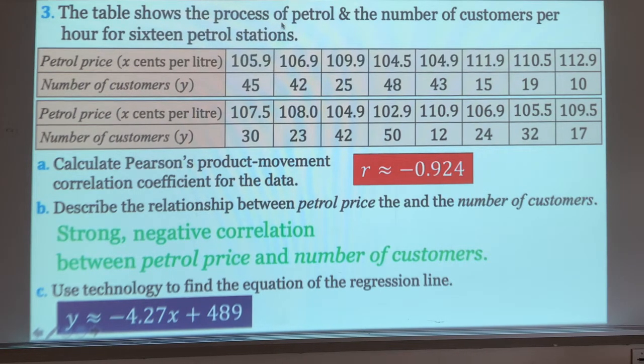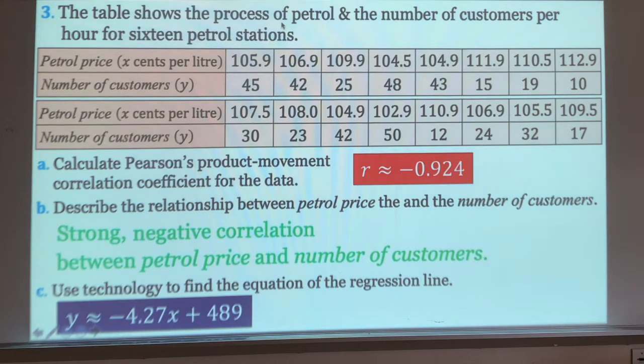This bothers me when I get numbers wrong. 108, 107.5 is 30. And I'm looking up, I put 111 instead of 111.9. And that's what tanked my whole answer. By just messing up one silly little number, it turned all my numbers wrong.